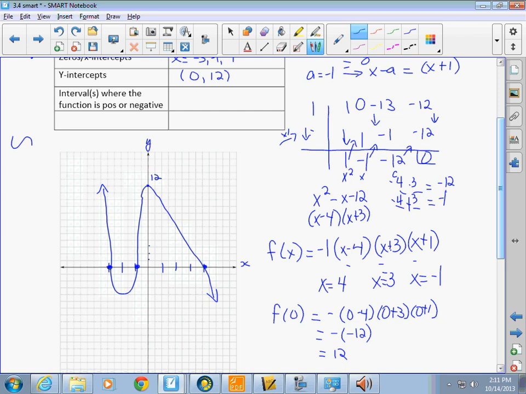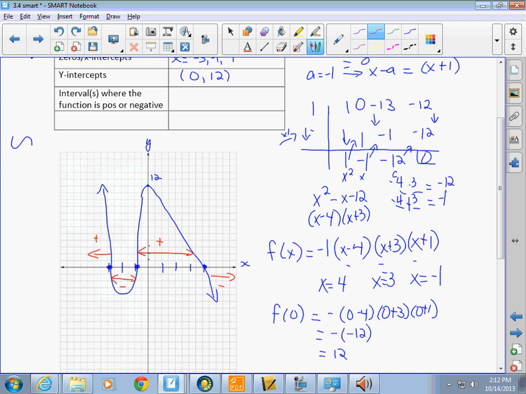So intervals where it's positive and negative. So it's positive right after this, and it's positive in between here. It was negative between here and then negative after there.